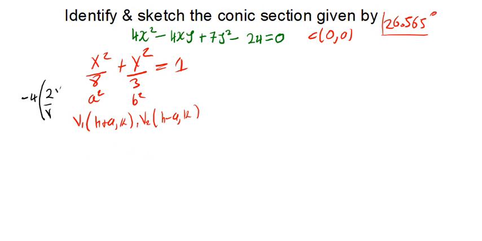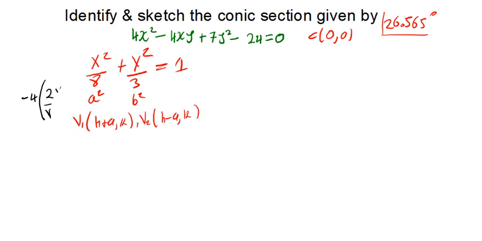Sometimes you may have a constant term, such as 7y plus 4x, and that could mean you have to complete the square to come up with your standard equation. Then from that standard equation, in most cases, you observe the center of the ellipse. If it was a parabola, it could have been the vertex.